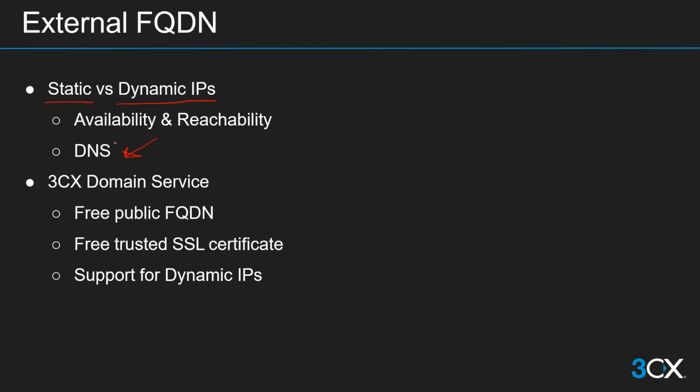There are ways, of course, to have the DNS resolution so that the system resolves and changes the IP address behind the FQDN as soon as it changes. But first of all, this comes down to the license we have, so Pro versus Enterprise.